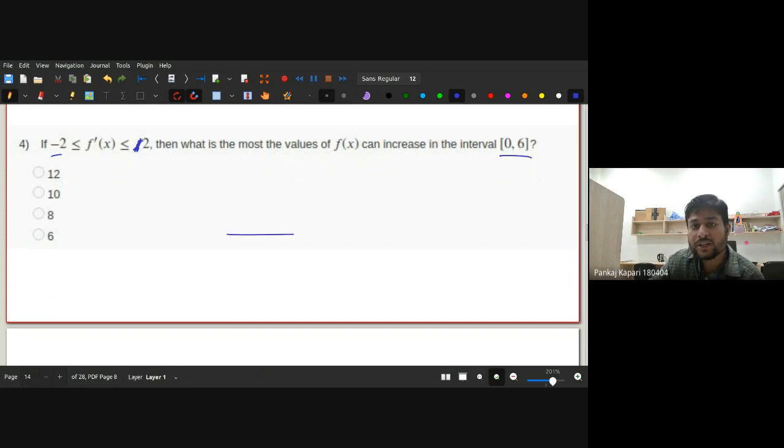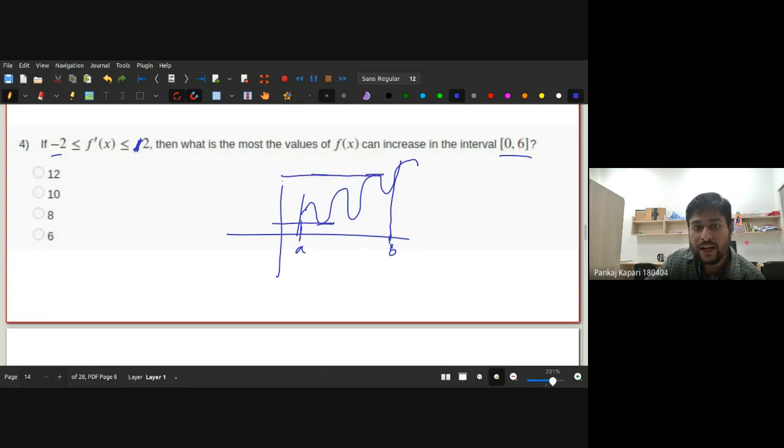Okay, so that means it is asking the difference between the maximum and minimum value, right? Inside the interval the function can behave in a very different way. So it just asks the difference between the lowest value and the maximum value, how much the difference can be at max.